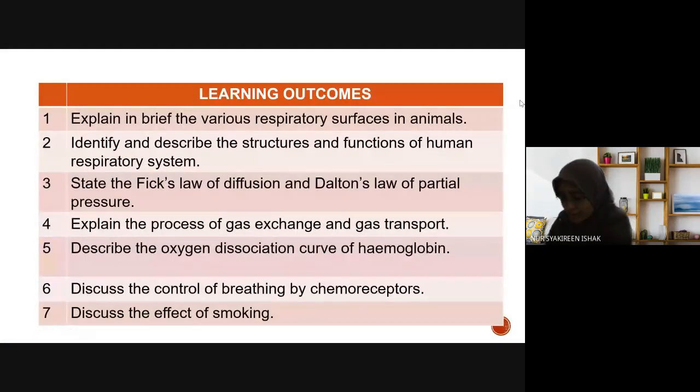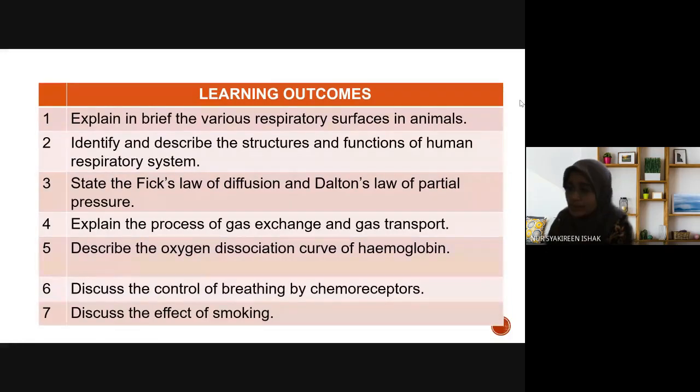Okay, so we are going to look at the various respiratory surfaces in animals. For example, we have the lungs for mammals, the gills for fish, and the tracheal system for insects, for example the grasshopper.